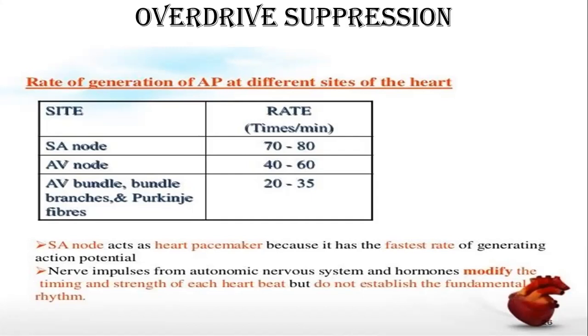Overdrive suppression results from the activity of the membrane sodium-potassium ATPase. A certain amount of sodium enters the cardiac cell during each depolarization. The more frequently the cell is depolarized, the more sodium enters the cell per minute. At high excitation frequencies, the activity of sodium-potassium ATPase increases to extrude this large amount of sodium from the cells.